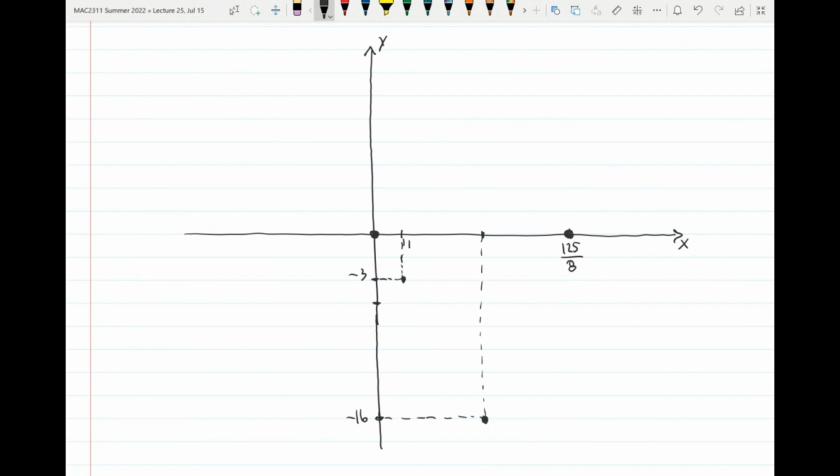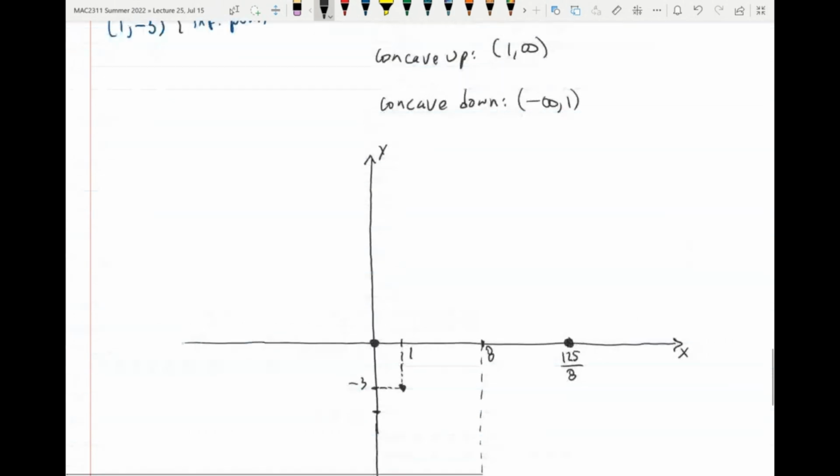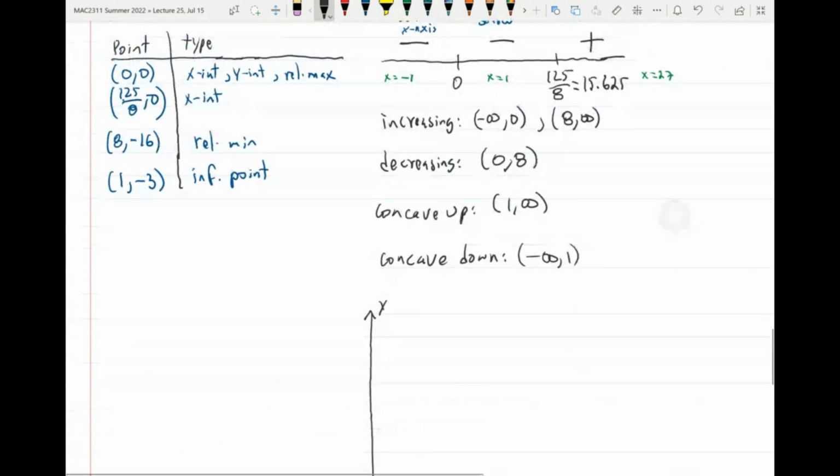I don't want to be super close to 0, 0, because then our graph is gonna be uncomfortable, okay? Now we just want to create the sense of how the graph is gonna look like. Okay, so we have those points. This was 8. And what else? That's it.